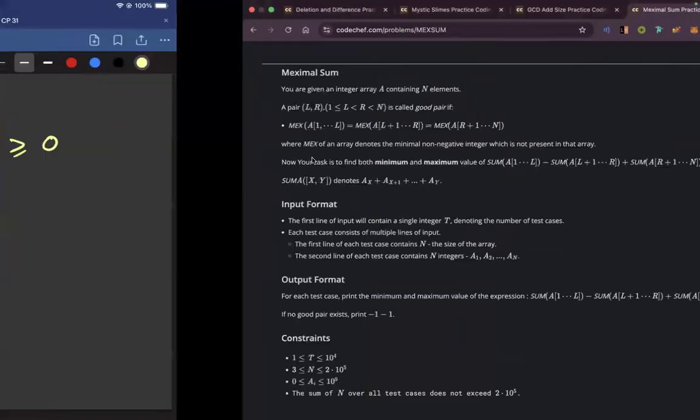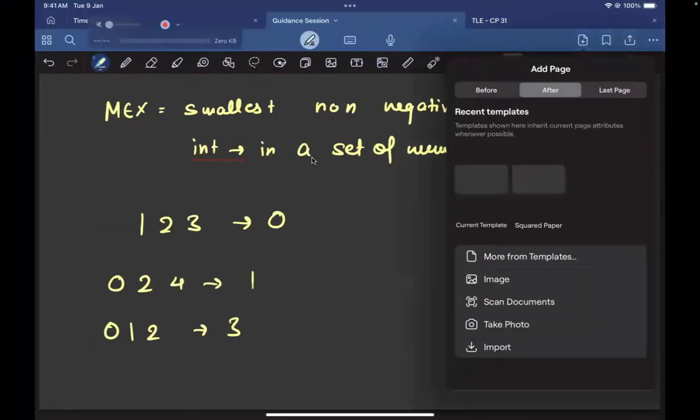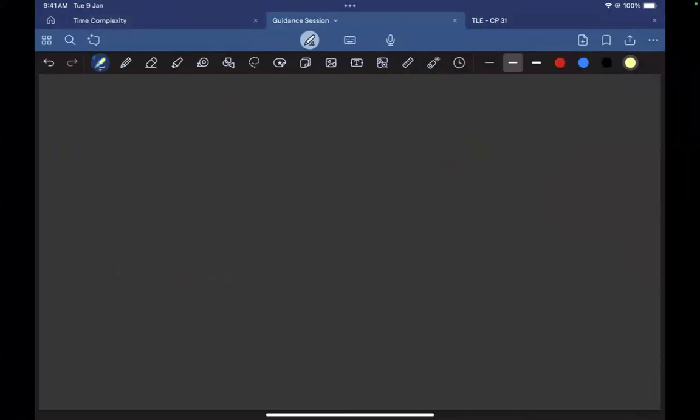Okay. Now, what they are saying is that given some array A from A1, A2, A3, and so on, let's say there is some element AL, and let's say there is a range up to AR, and then you have, let's say, AN minus 1.